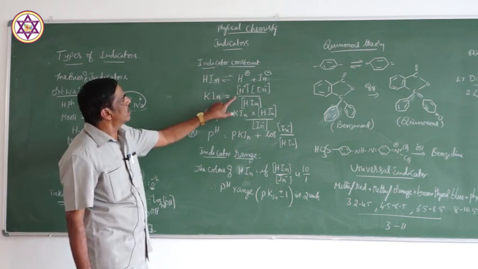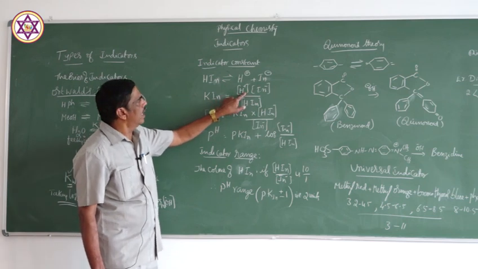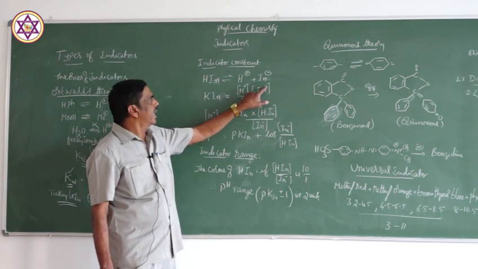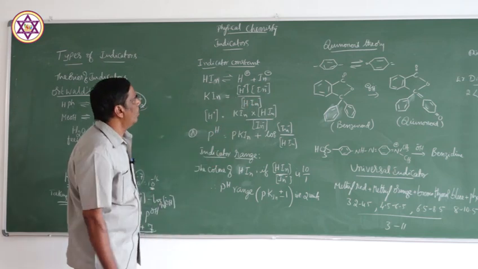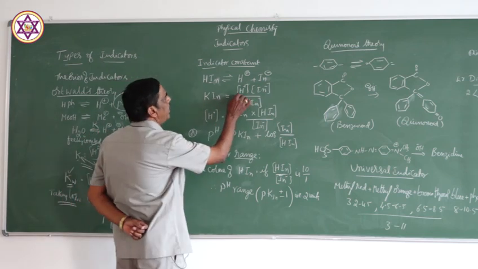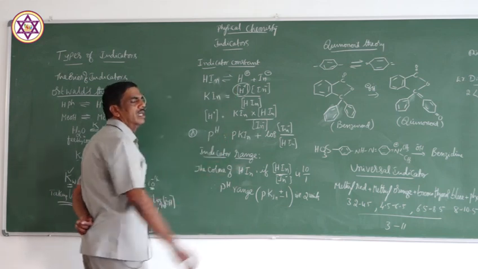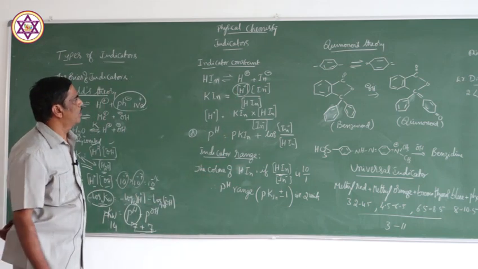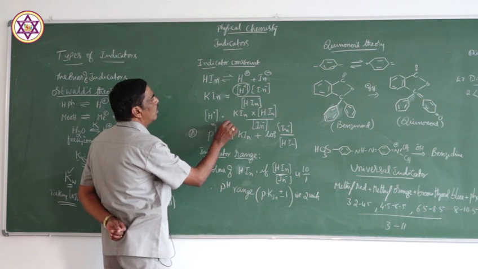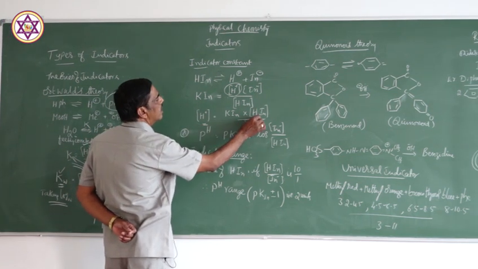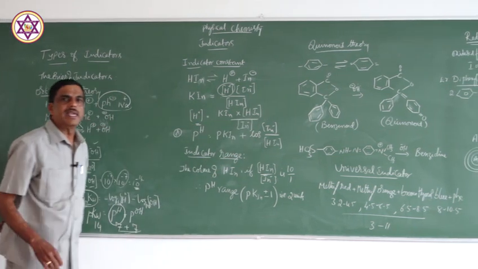Kin is equal to the concentration of H plus ion and the concentration of indicator ion divided by the concentration of HIn. Let us calculate the pH of this indicator by taking H plus. We can rearrange this expression: H plus is equal to Kin into the concentration of HIn divided by In minus.